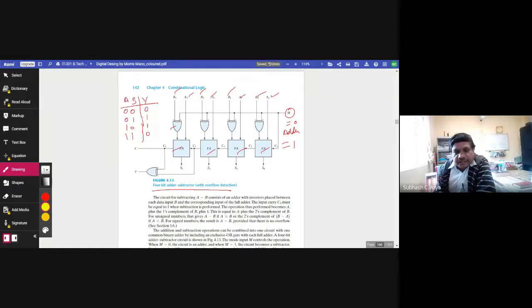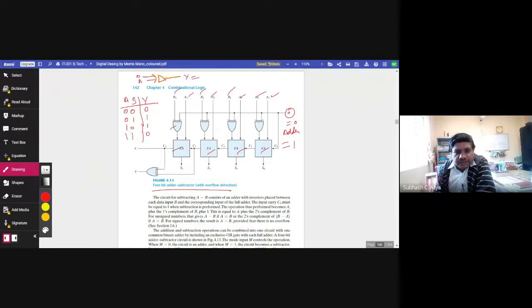So from here, just give observation. If this is the exclusive OR gate, let me use the red pen only. If I make one of the inputs 0 permanently, and now I put here B, what will be the output?